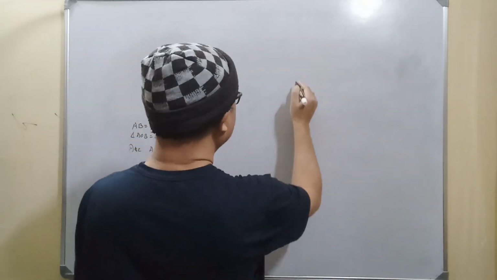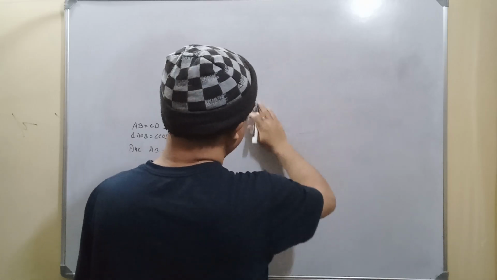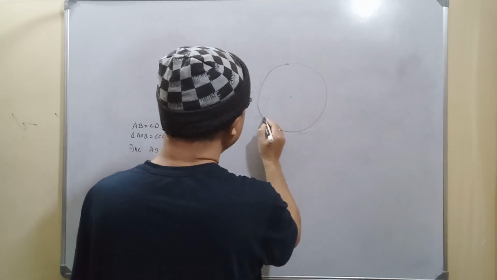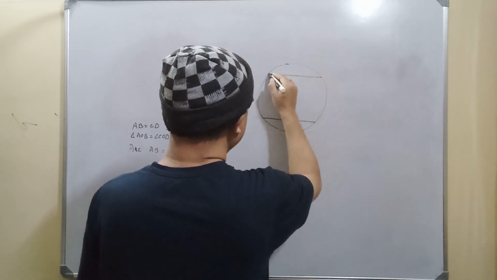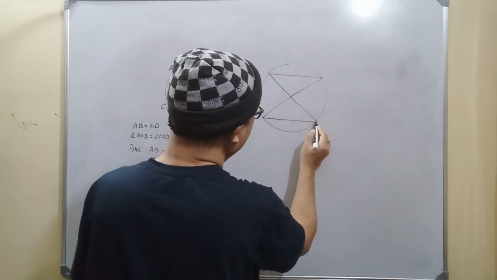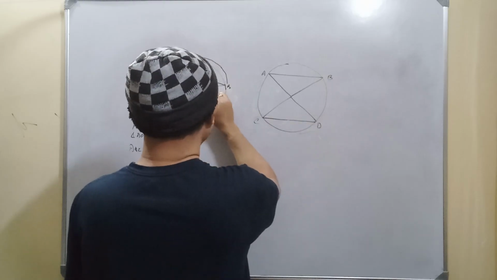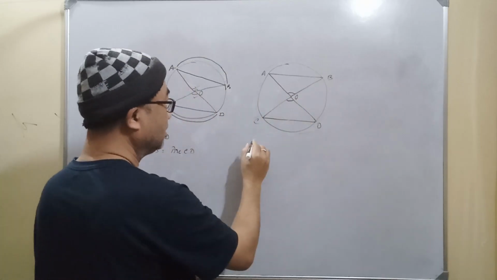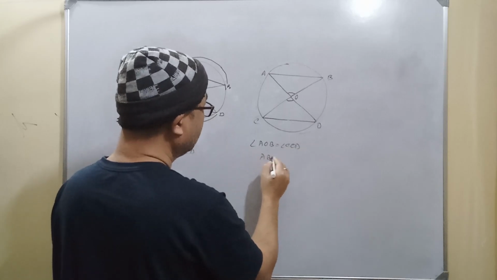And the second property stated the same thing. It was a converse of the first property, that in the same circle, if 2 chords subtend equal angles, AB and CD are two chords, O is the center, if they subtend equal angles at the center, if AOB is equal to COD, then AB is equal to CD.